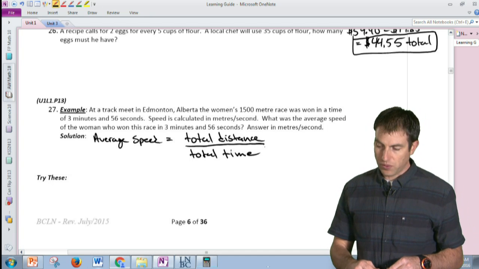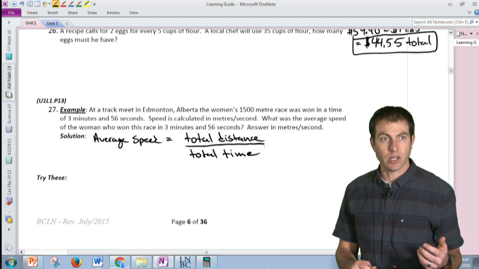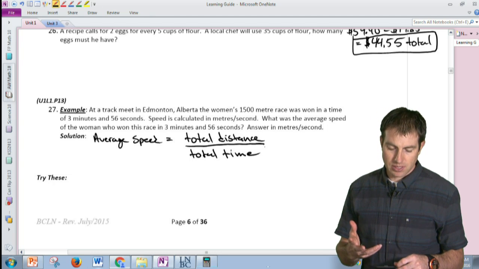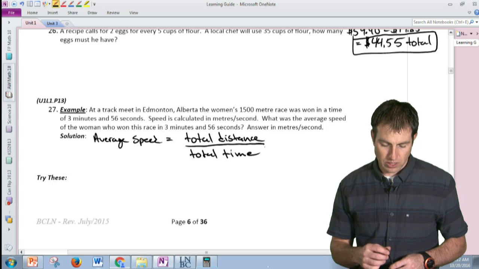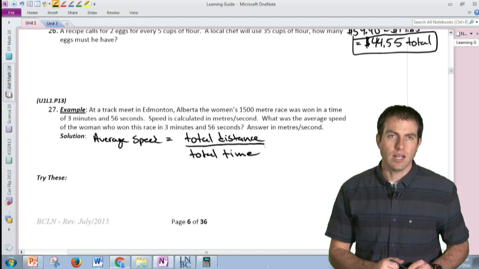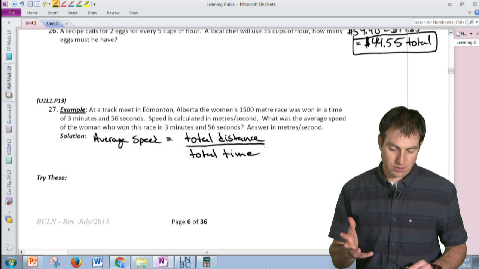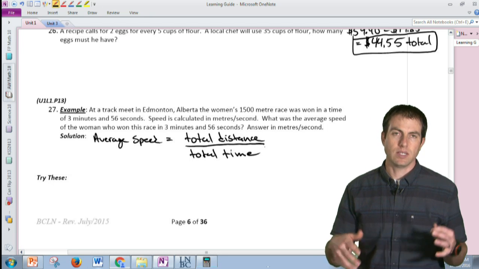So what we need to do is figure out how far she ran and how long it took her. The problem is that time isn't something we can just write as a decimal. It's 3 minutes, 56 seconds. It's kind of like feet and inches. Time is a base 60 system, and inches are base 12, going from feet to inches.